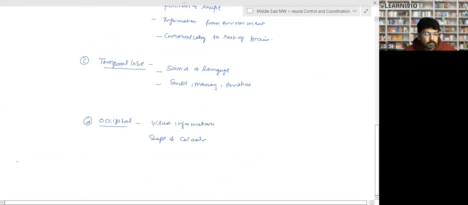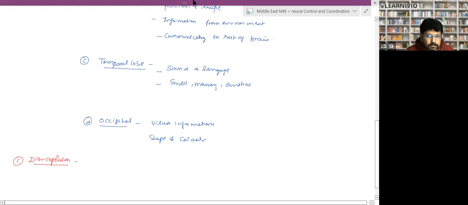So come to the diencephalon, the C part. Please note it down.